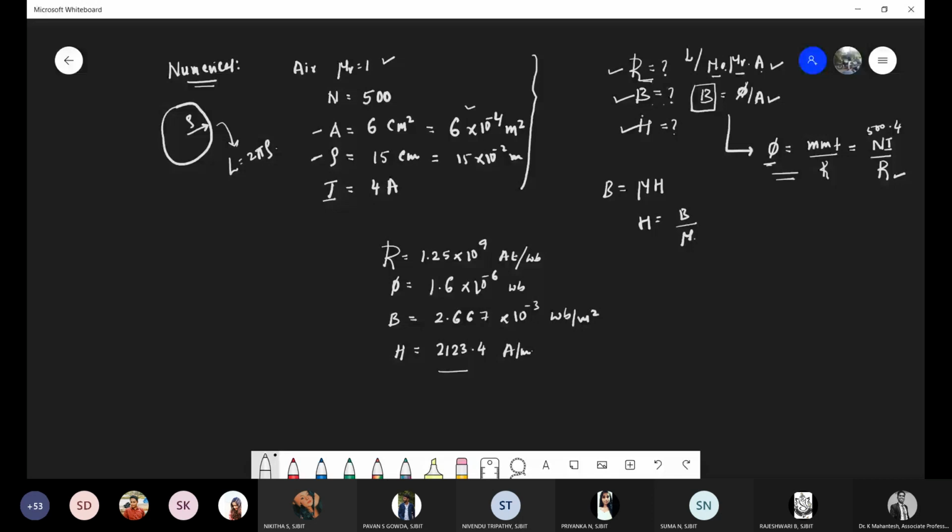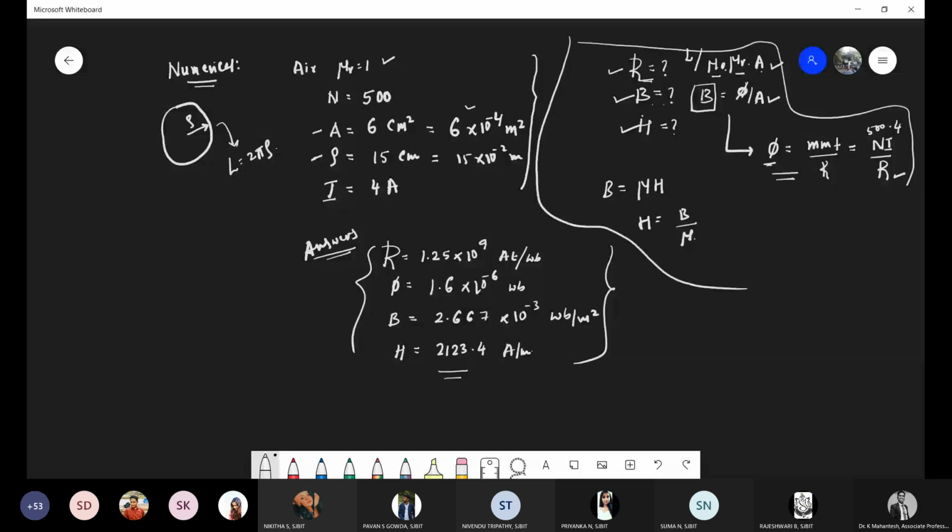You can take a screenshot of this answer and use this set of equations to obtain this answer. Do it as a small homework.